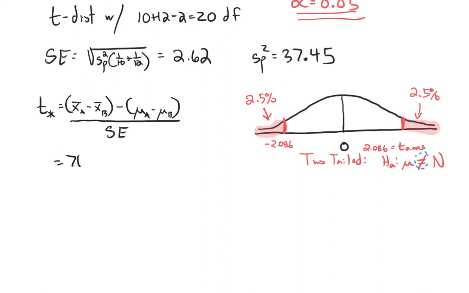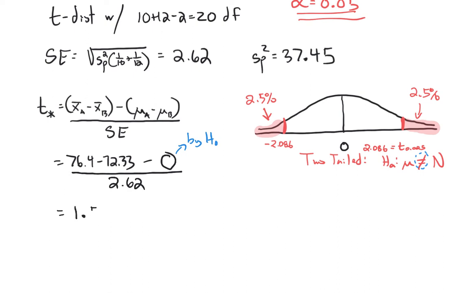So this is 76.4 minus 72.3, minus, well, we're assuming that this difference, that's the null hypothesis, is 0. And we're going to divide that difference by 2.62. If we do that, we get that our t star is 1.55.